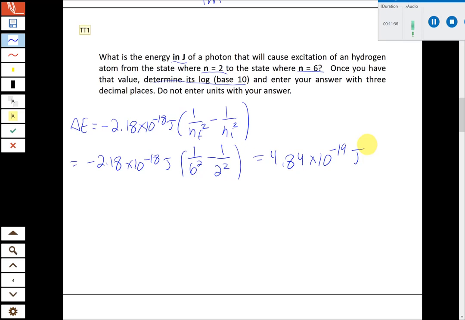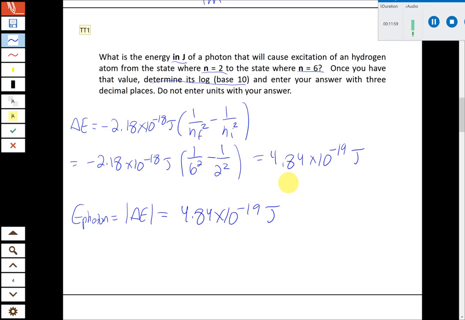And remember, when an electron jumps between energy levels, that's going to be either by absorption of a photon, in this case we're going from lower n to higher n, or emission if we're going the opposite direction. And the energy of the photon is just going to be equal to the absolute value of that delta E. So it's just going to be this number, 4.84 times 10 to the minus 19 joules.